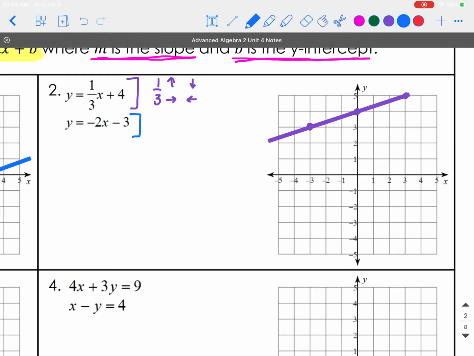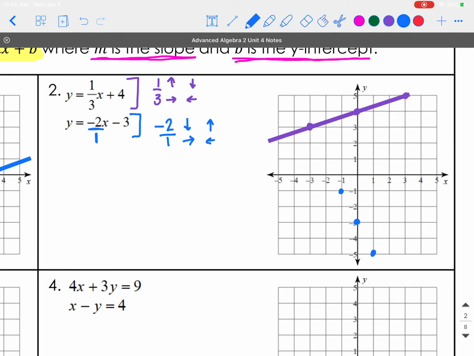My second line, I start at -3, that's my y-intercept. And then if we put a 1 under that -2, it makes it a fraction, which is what we need for slope. So I'm going to go down 2, right 1. Or I could go the opposite ways, up 2, left 1.